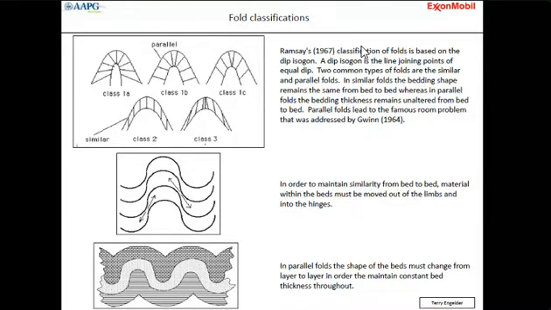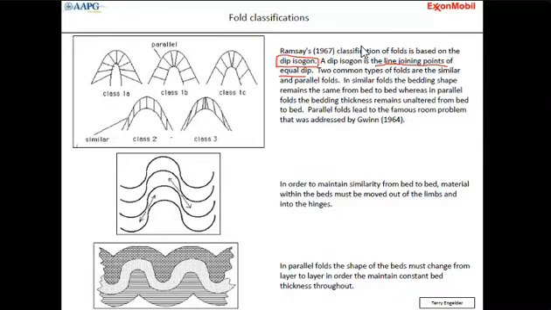Dip isogon. When we talk about dip isogons, we mean lines that join points of equal dip. And when we talk about this classification, there are two types of folds. They can either be similar folds or parallel folds.